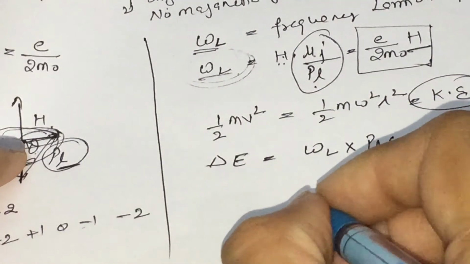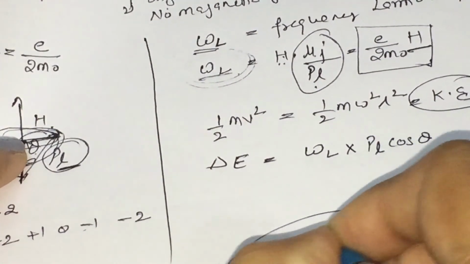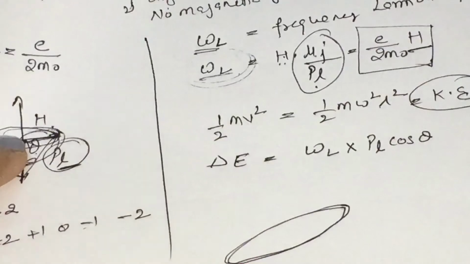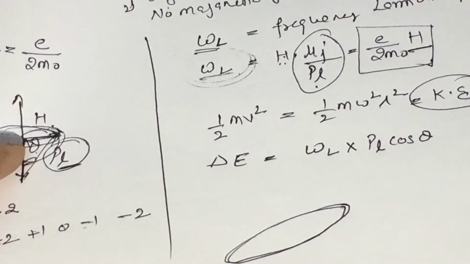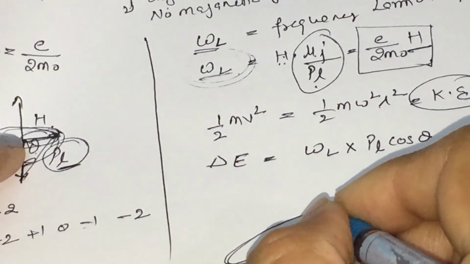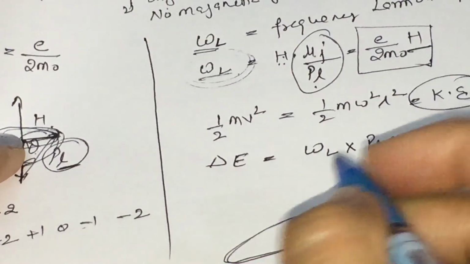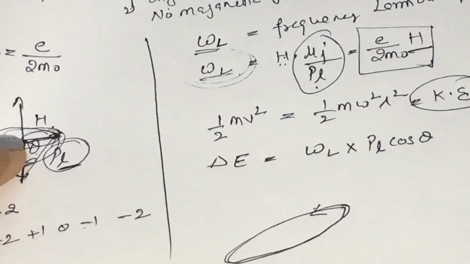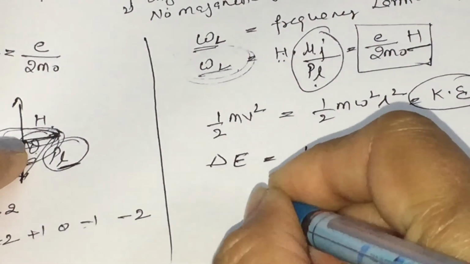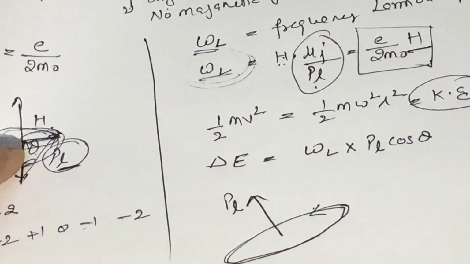It means if this is the orbital motion of an electron, then with the right hand thumb rule, if we consider the anticlockwise rotation, this will be the direction of our orbital angular momentum.